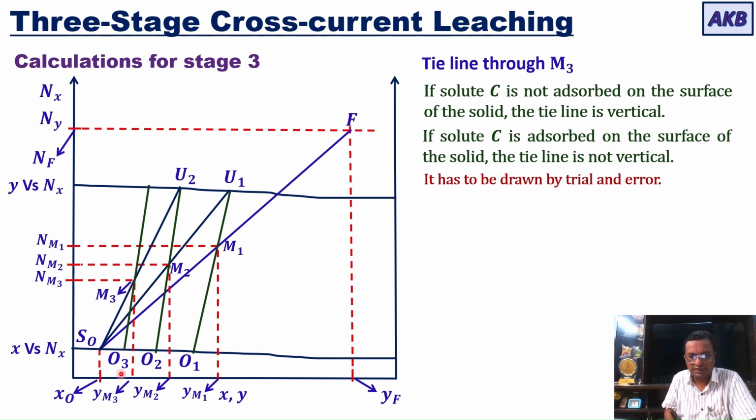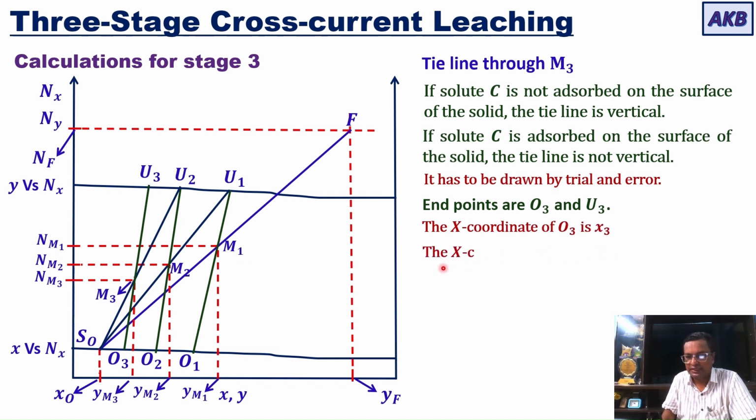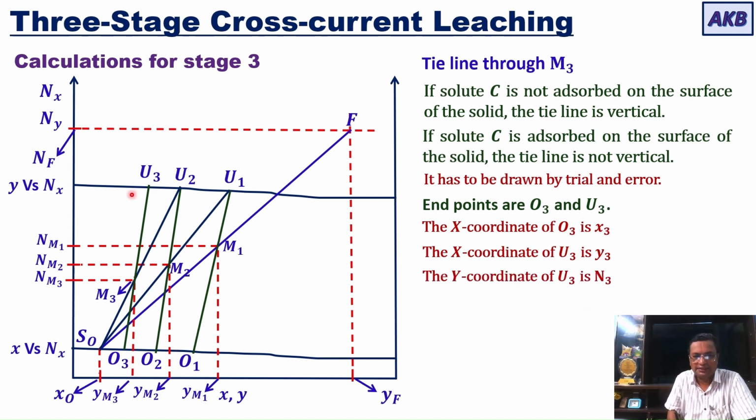The endpoints of this tie line will be O3, the lower end, and U3, the upper end. We need to know the x coordinate of point O3, it is x3. The x coordinate of point U3 is y3, and the y coordinate of point U3 is N3.